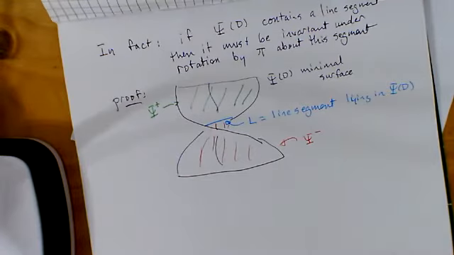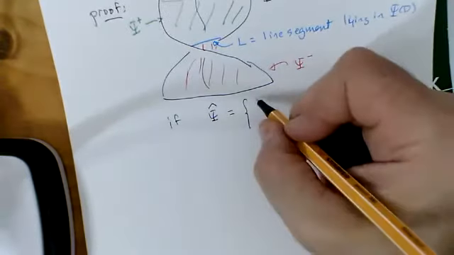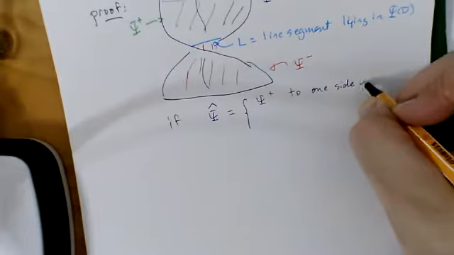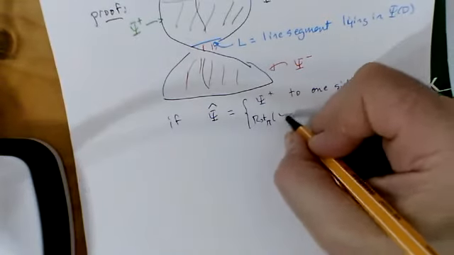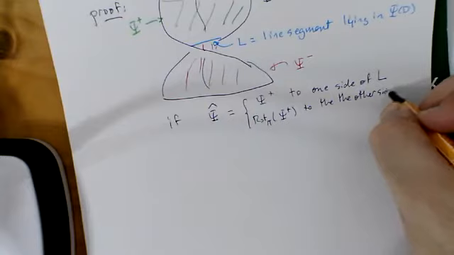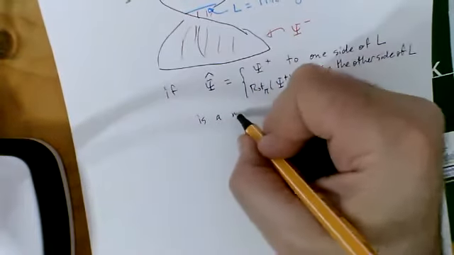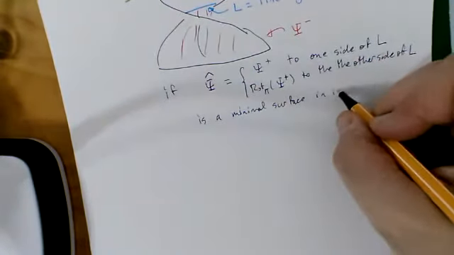I know that if I define psi hat to be psi plus to one side of L, and the rotation through an angle pi of psi plus to the other side of L, this is a minimal surface, in isothermal coordinates.